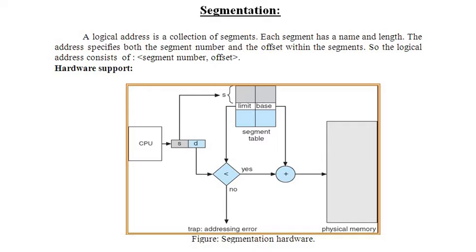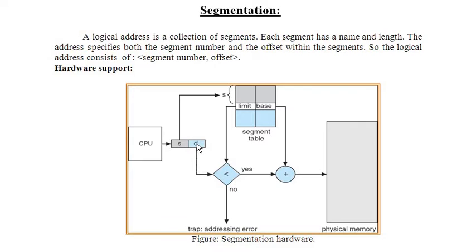For example, say the base starts from 100 and the limit is 100. These two are called the range of the block. Base 100 and limit 100 means between 100 to 200 we can find that particular segment in the memory.